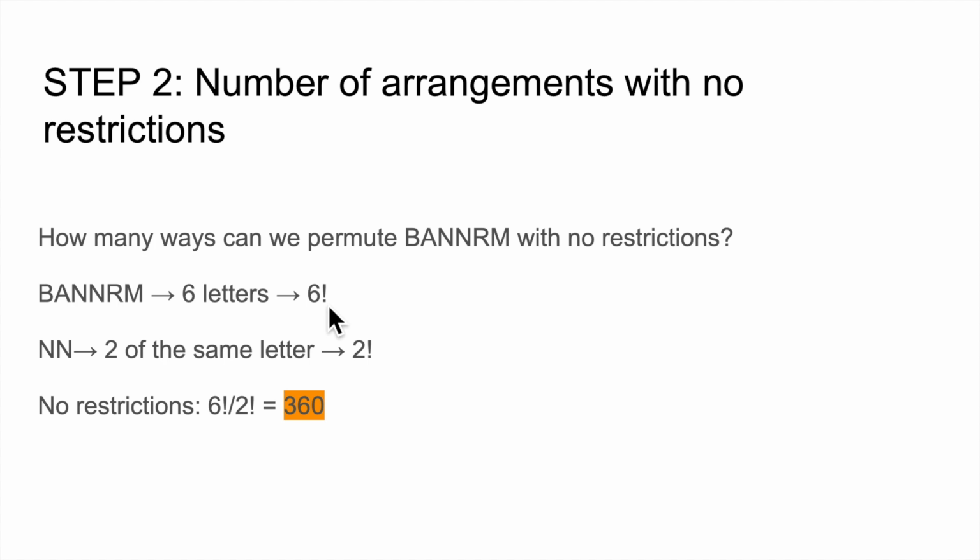But we have to take into account, we have 2 N's here, right? Those are 2 of the same letter, so we have to take that into account. So we divide 6 factorial by 2 factorial to find the number of ways these letters can be arranged with no restrictions. We work that out, 6 factorial over 2 factorial, that comes to be 360.